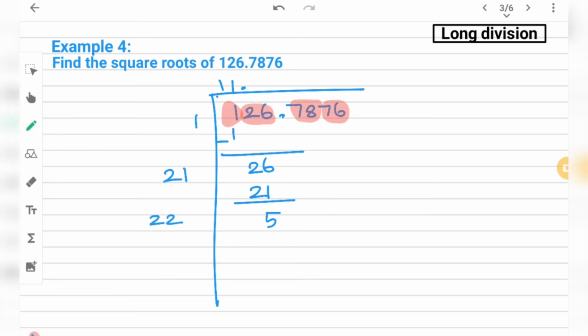Yes. And bring the 78 down, you will get 578. If I'm trying with 22 and here if I'm placing 3 and here 3 only, 3 threes are 9, 3 twos are 6 and here also 6, right? It is greater than 578. So I'm going to place here 2.